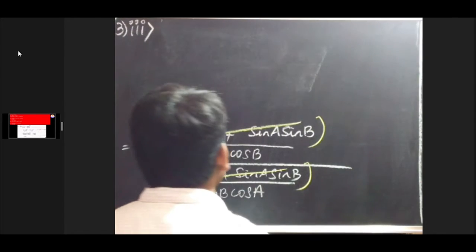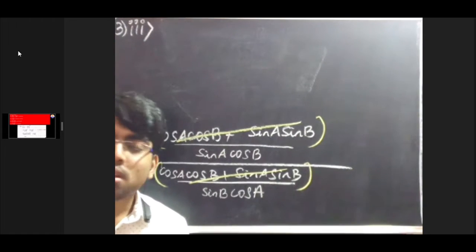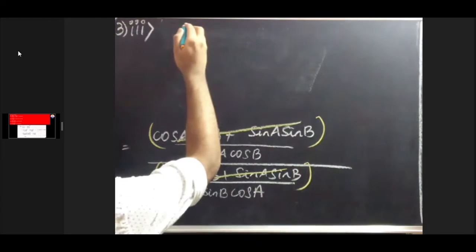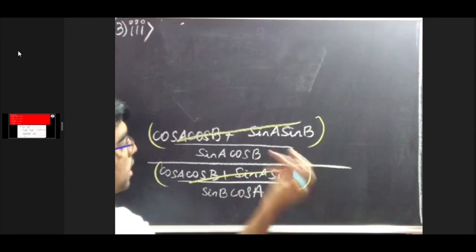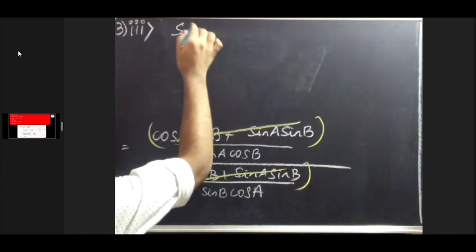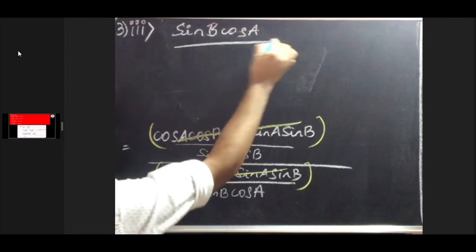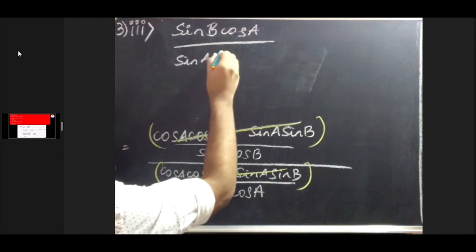And while choosing in the examination, I prefer if you choose such kind of questions, it would be helpful for you for scoring also. So we will be left with, by taking the reciprocal, sin B cos A divided by sin A cos B.